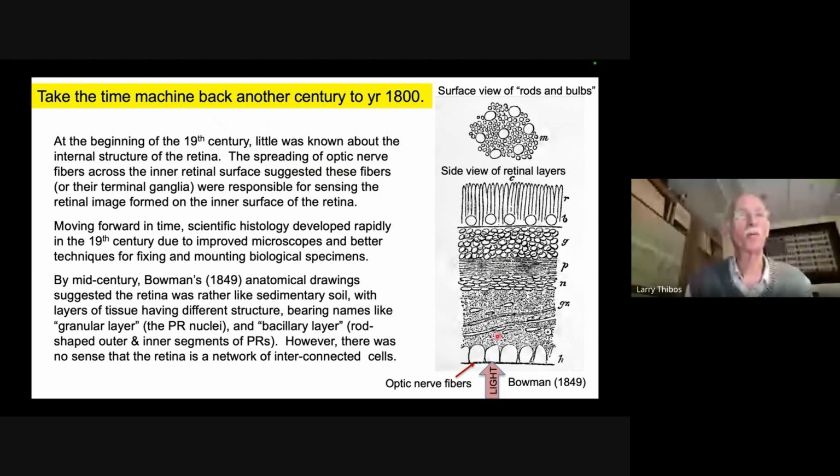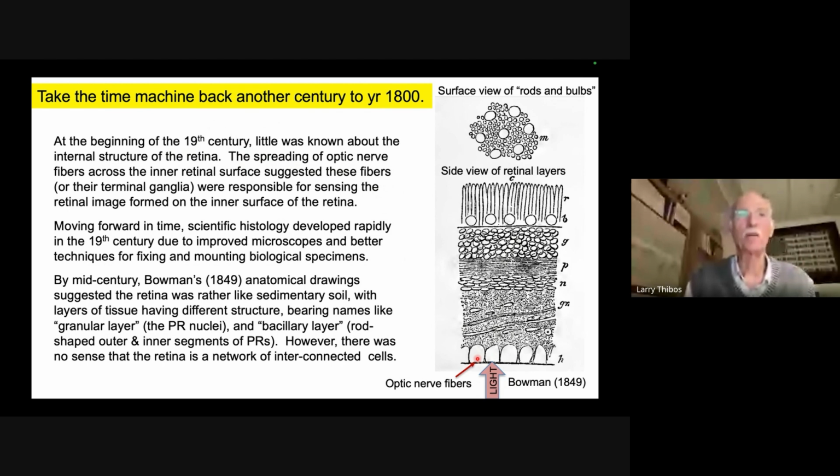See, in this diagram on the left from 1849, the English neuroanatomist Baumann shows light coming in from the bottom, because in this diagram the light's coming up, and the optic nerve fibers are the very first thing, and these are the ganglia where they terminate, thought to be terminating there. Not sure what a ganglia is. It wasn't really a cell.